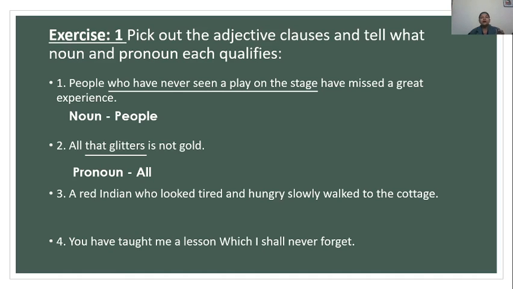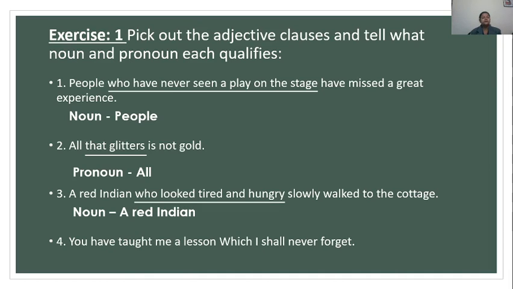Now, here who is the introductory word of the adjective clause: who looked tired and hungry. To which noun or pronoun is this who qualifying? That is a red Indian. So my noun is a red Indian and the adjective clause is who looked tired and hungry.